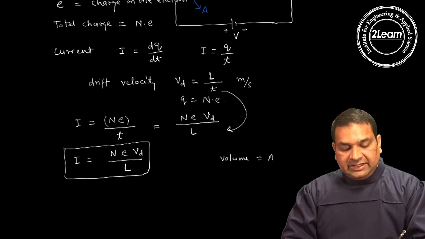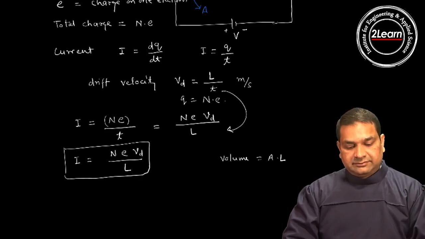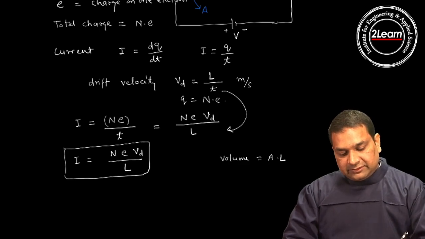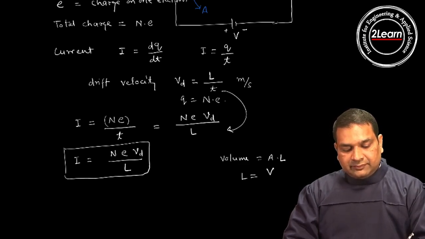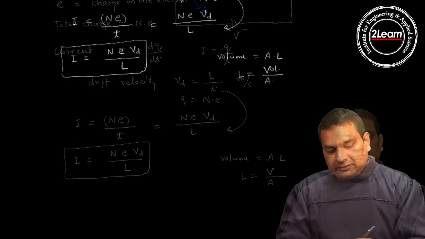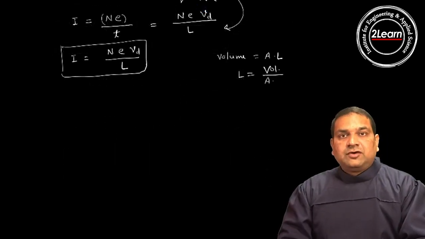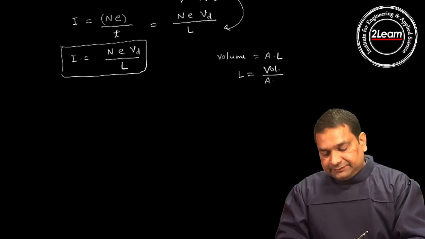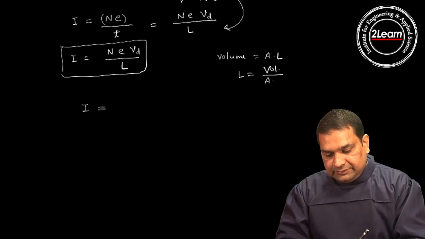Volume is area into length, so length equals volume upon area. Now see here, I equals n E Vd divided by length, that is, n E Vd A upon volume.